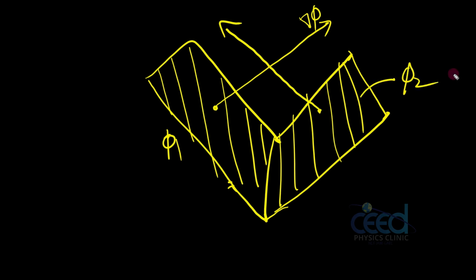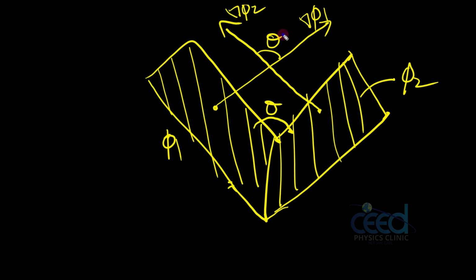So this I can take as del phi 1, this as del phi 2, because gradient is normal to those surfaces. So if the angle between these two is theta, then the angle between the normals is also theta, right?